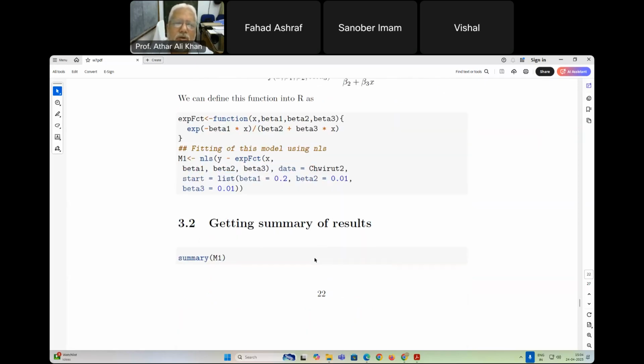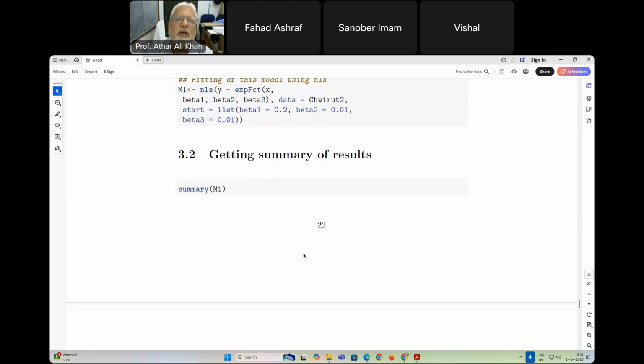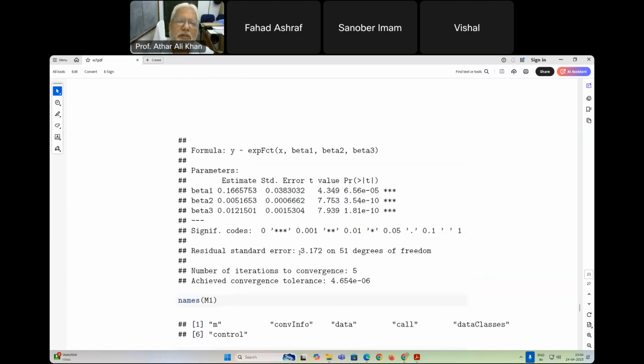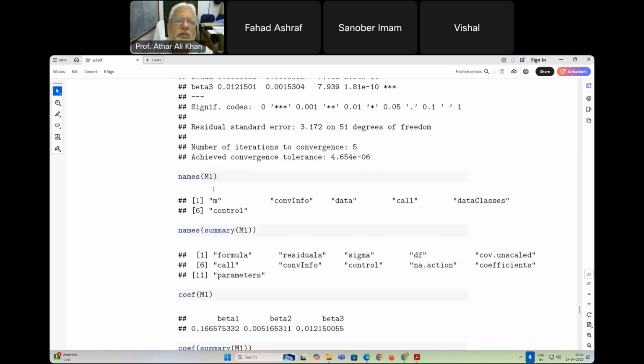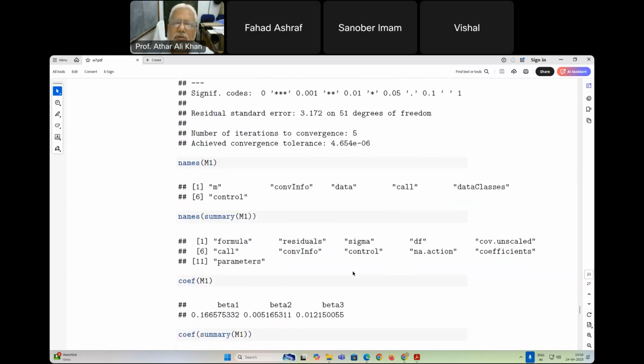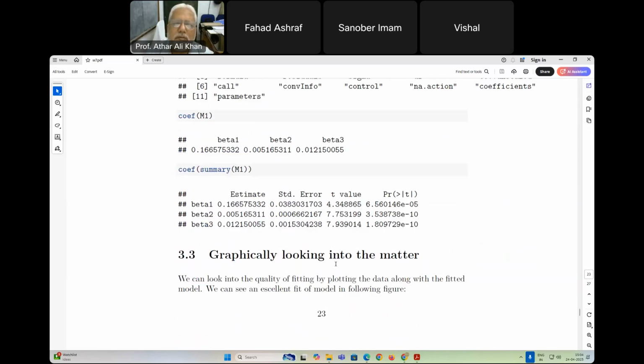These are the starting values, and getting the summary of results. These are the summary of results. So all 3 parameters are statistically significant. It is evident from the names, and then names of summary. So all these things could be extracted.